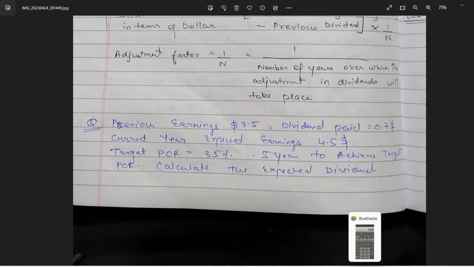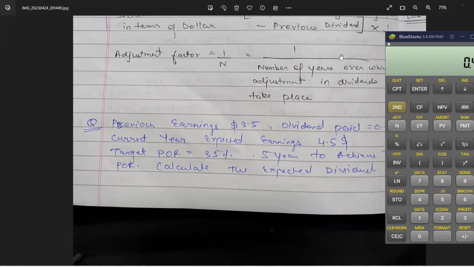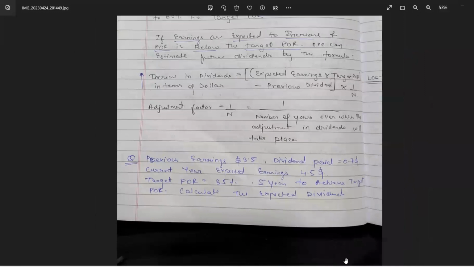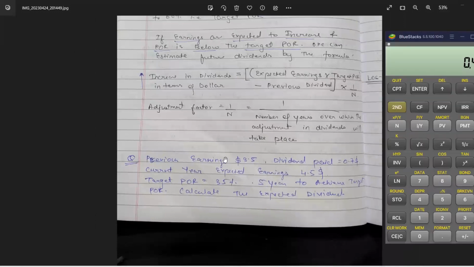So let's calculate. The previous year's dividend payout is 0.7. The current year earnings is $4.5. So this is the amount the company has earned, into the payout ratio of 0.35.